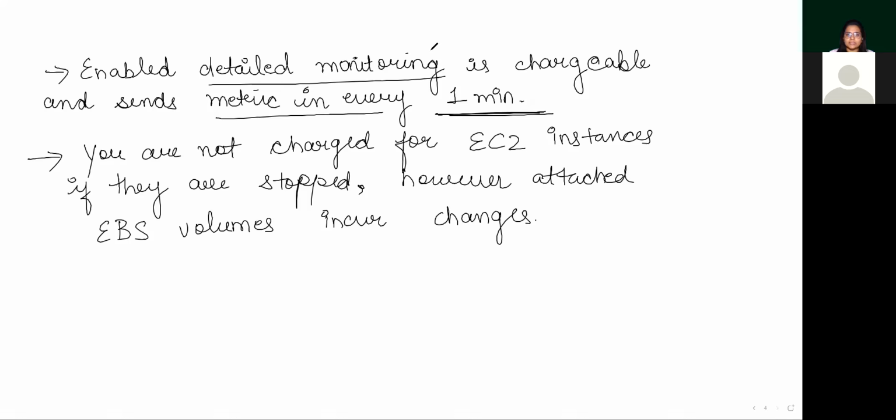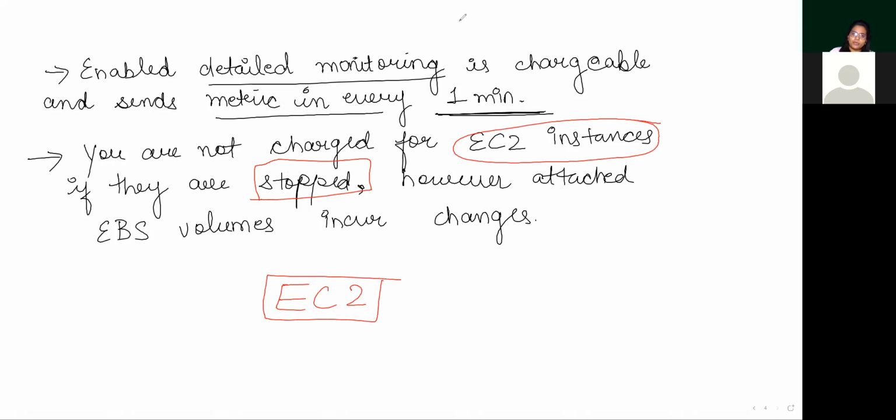So as soon as you stop your EC2 instance, they will not charge you specifically for the EC2 instance. But when we create an EC2 instance, we have two storages. The first is the instance storage that is already attached inside your EC2. As soon as you stop the EC2 instance, this instance storage is also destroyed and stopped, right? So no charges for this.